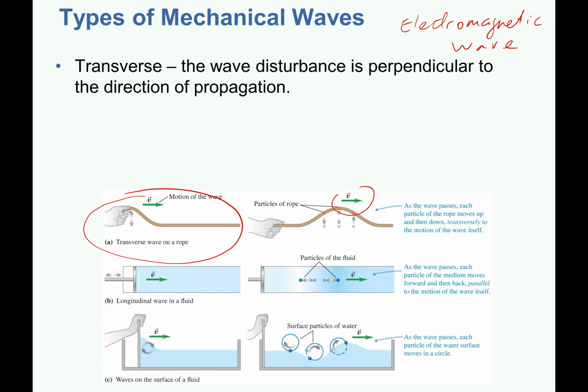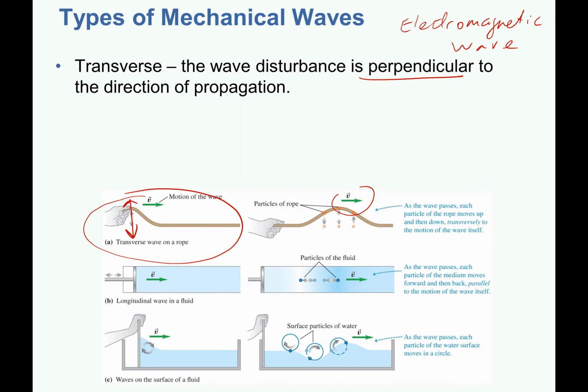And that up and down motion basically allows the wave to then propagate to the right. That means what we're doing here is the medium, which is the string, oscillates perpendicular, you can see, right? It goes up and down where the wave is moving to the right. That means it's perpendicular, right, to the direction of propagation.